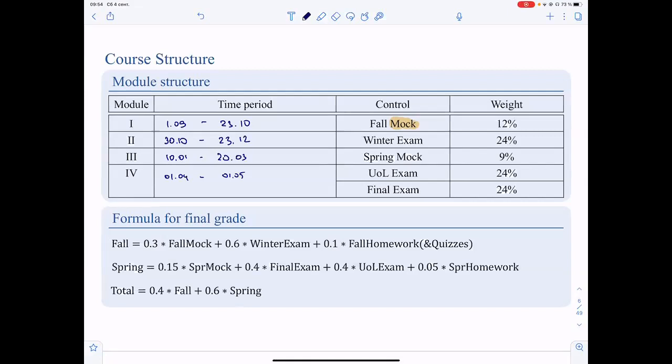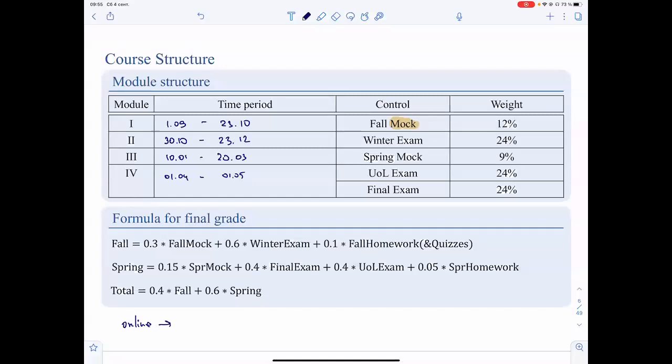Let's go back to formulas. All right. So here on the screen, you have all the formulas, how your fall score and the spring score are going to be structured, and the total score as well. If the exams are conducted online, then we will split every exam into two parts.